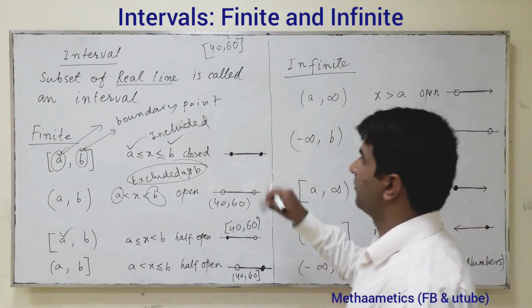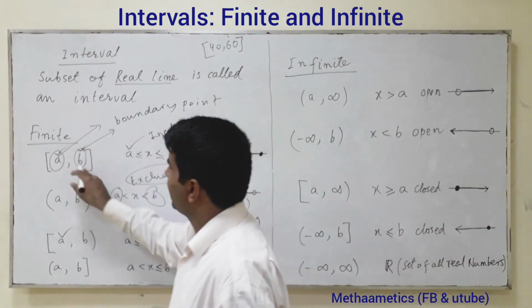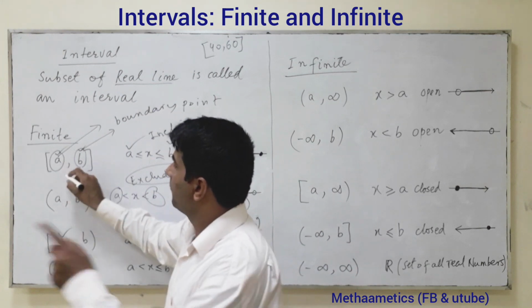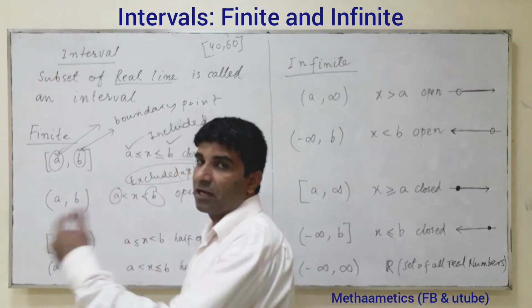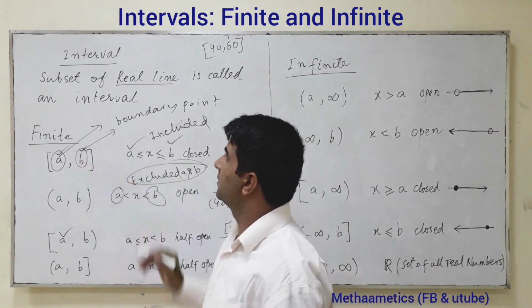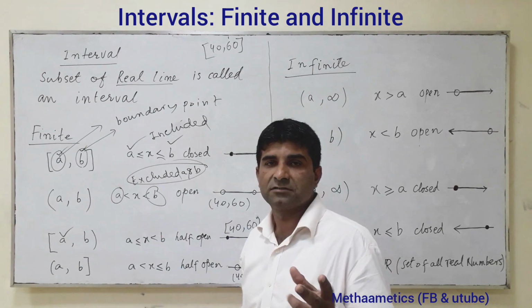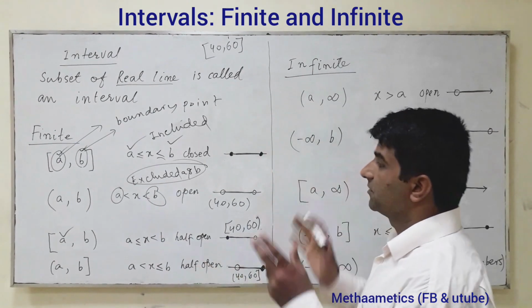That's the meaning of this. These A and B are called boundary points. The boundary point on the left side, A, is less than B. An interval consists of at least two numbers, and all numbers between them.